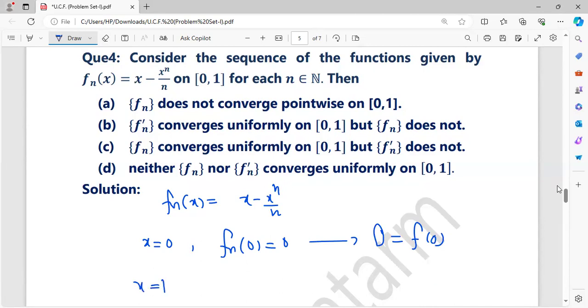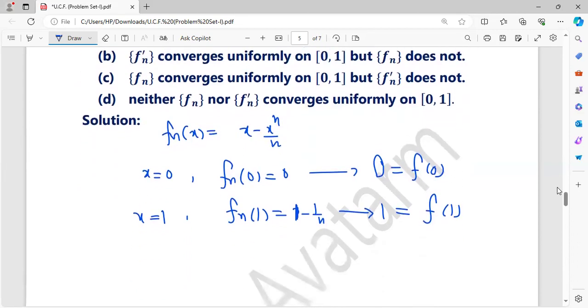If x is equal to 1, then what? f_n(1) will tend to 1 - 1/n, that will tend to 1, and f(1) is 1. Okay. And what about this?